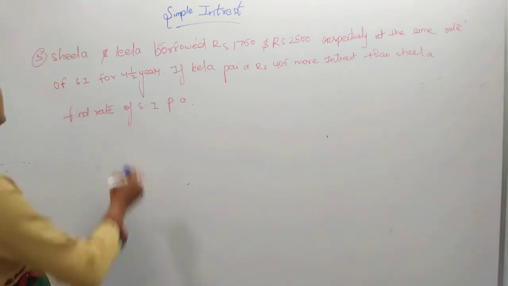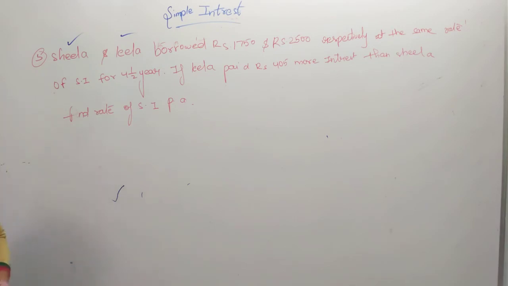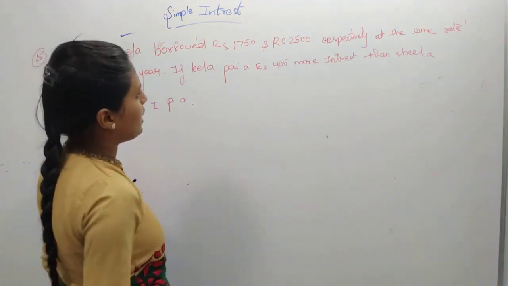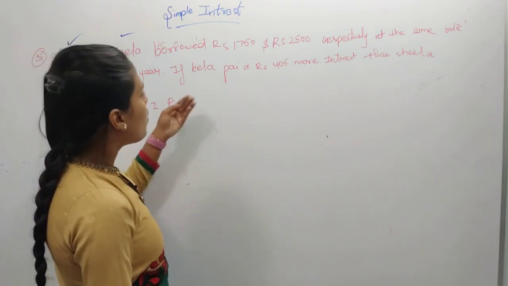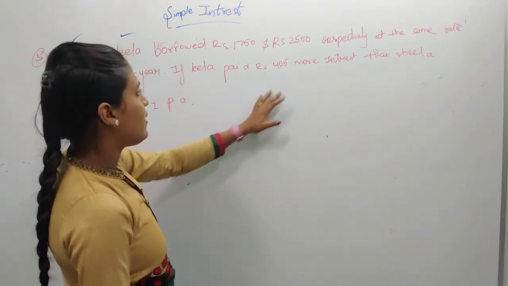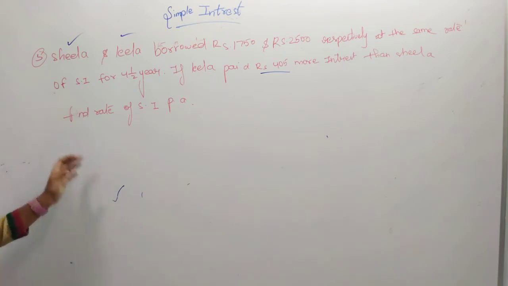Here the two persons borrowed some money. Sheila borrowed rupees 1,750 and Leela borrowed rupees 2,500 respectively. At the same rate, Leela paid rupees 405 more interest for the borrowed money. Then we have to find the rate of simple interest.